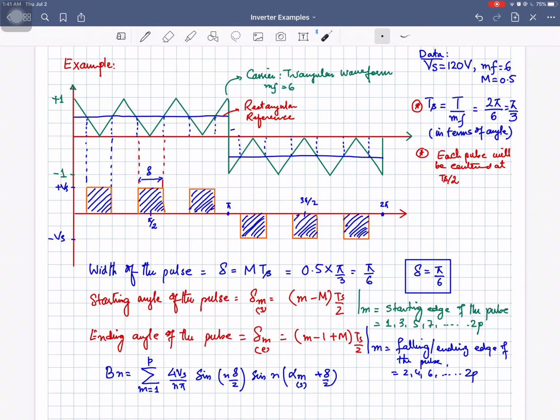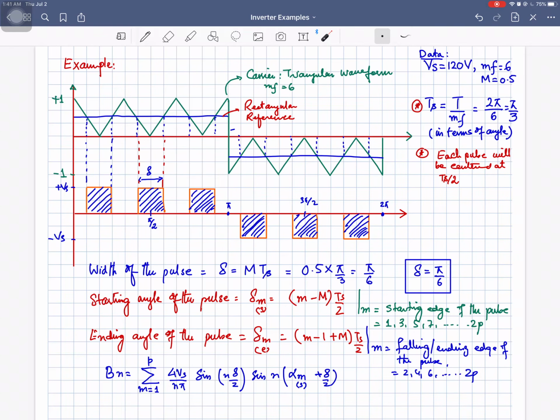All of these gate pulses will be equal in terms of width, and their width will vary equally, because if we increase the magnitude of the reference, if we move the reference above, the width of all these pulses will increase equally, right?